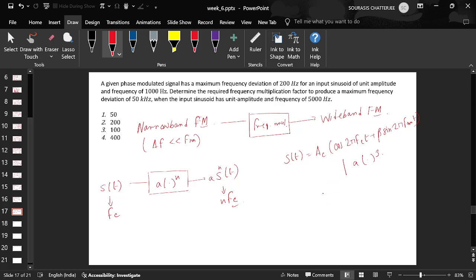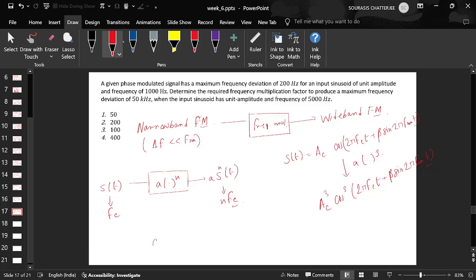So basically what you are obtaining is Ac cube times cos cube of 2 pi fc t plus beta sine 2 pi fm t.